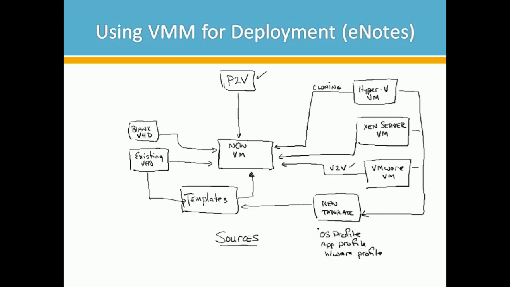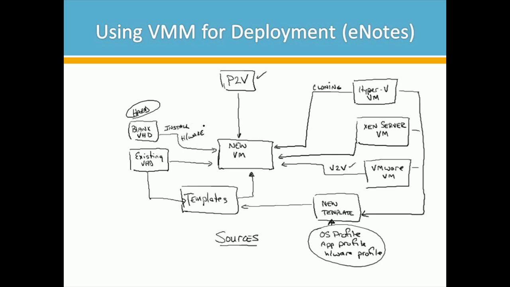So the template is really a collection of all of these items that we put together and use as the guidelines for the automatic creation of a virtual machine without having to do it the hard way. The hard way is over here, starting with a blank virtual hard drive and doing your own install. You'd have to do your own install of the operating systems and all your own installs of applications. You'd have to create your own hardware configurations.